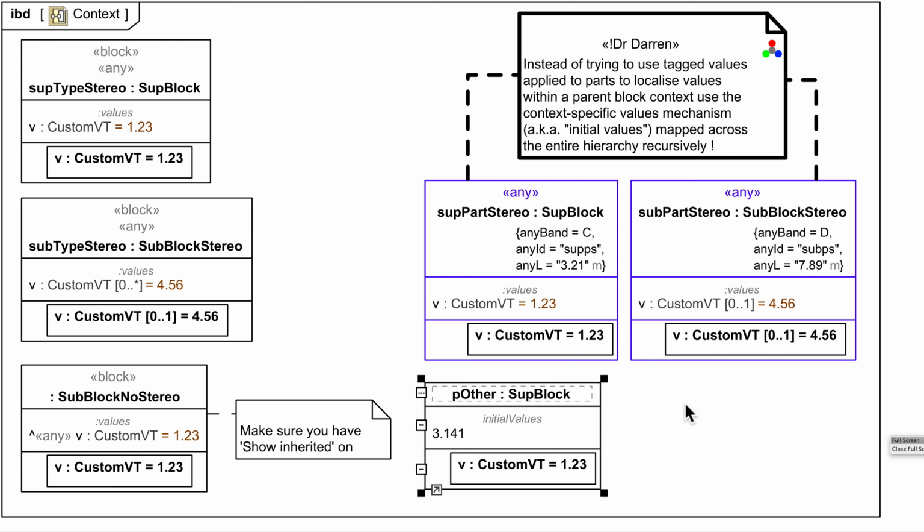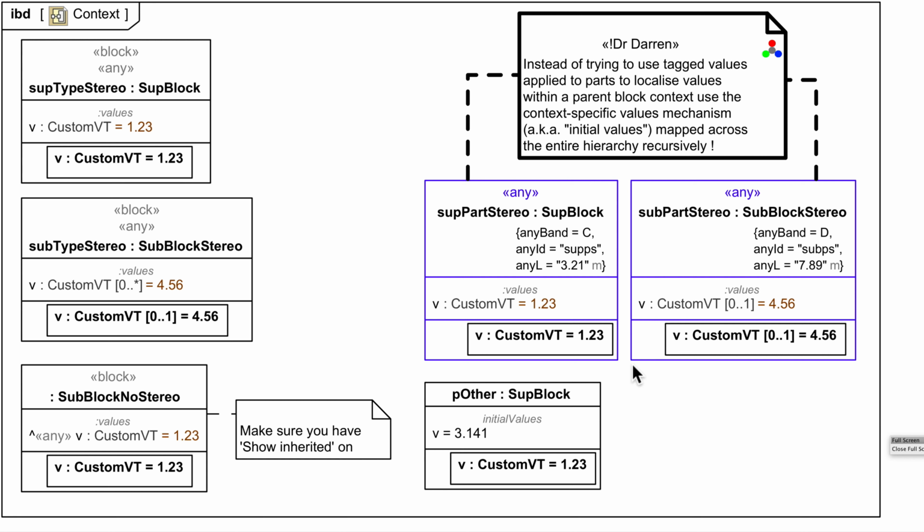It's beyond the scope of this video to see how it's working, but what it's doing is it's storing that information in a slot of an instance that corresponds to that part. And you can play this game at any level in your hierarchy.